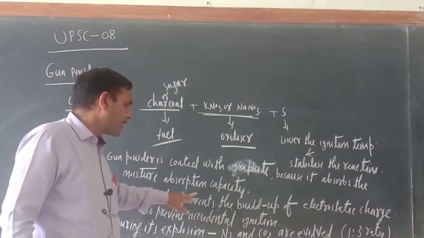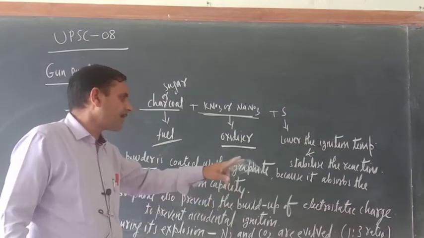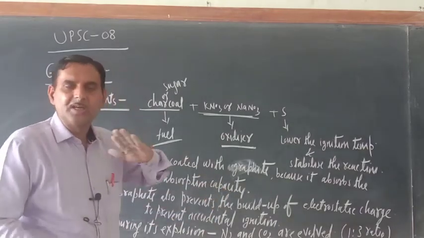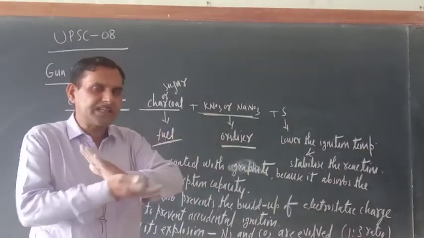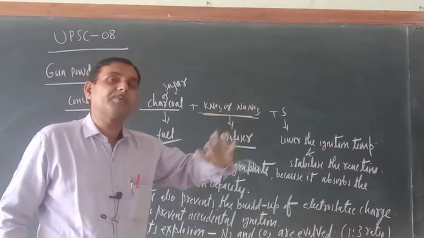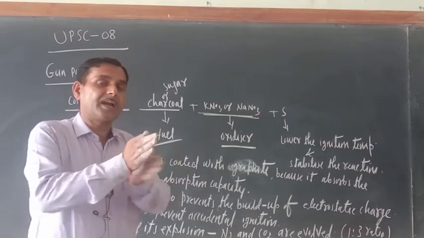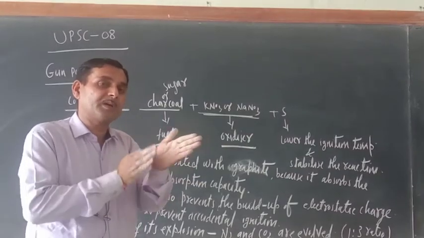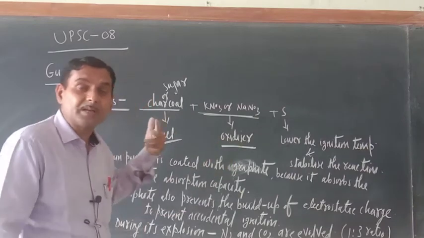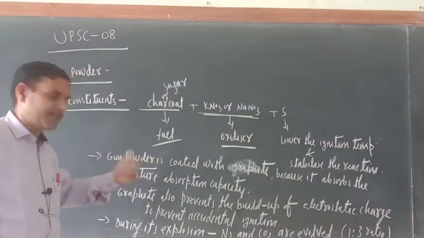So graphite prevents the build up of electrostatic charge to prevent accidental ignition. If graphite is coated, gunpowder will not come into contact with air, and because of rubbing, charge will not develop and accidental ignition will not occur.